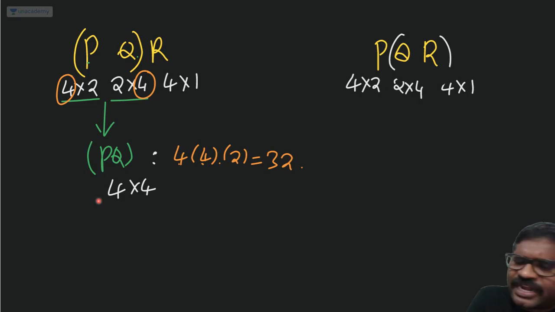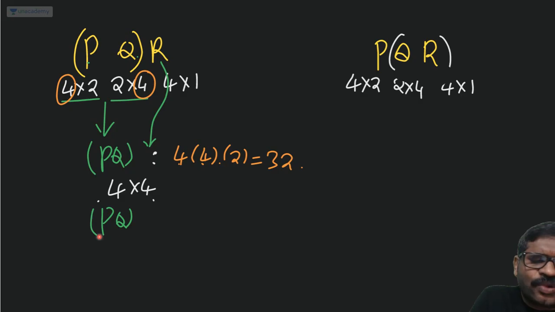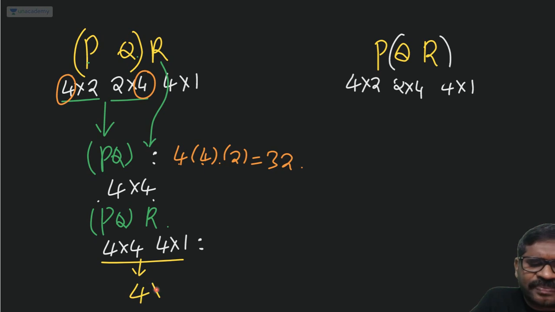After getting PQ, then he multiplied with R. PQ is 4 cross 4. R is 4 cross 1. The resultant matrix is 4 cross 1. To get 4 cross 1, how many multiplications did he apply?